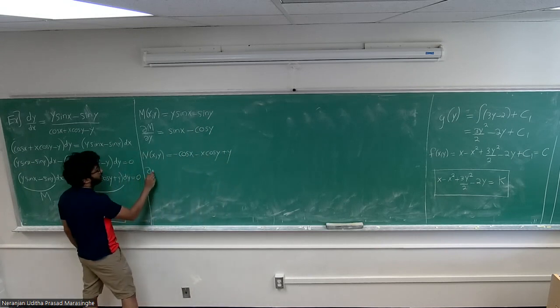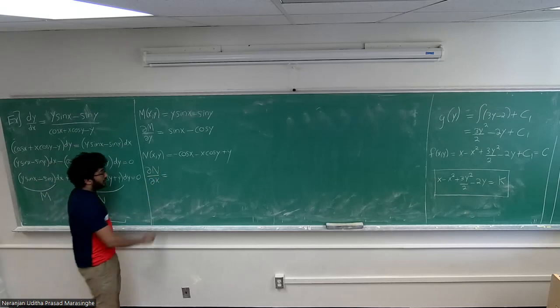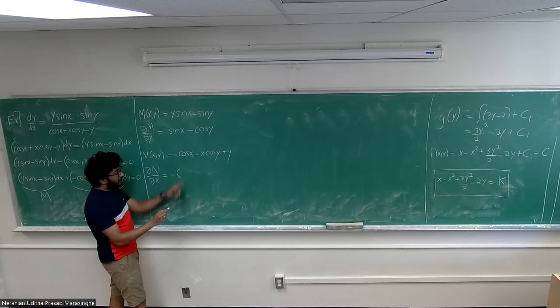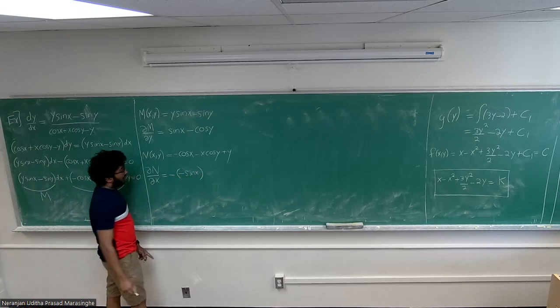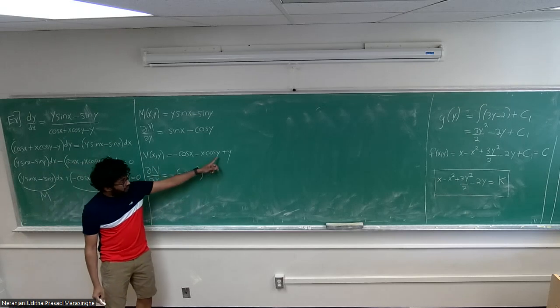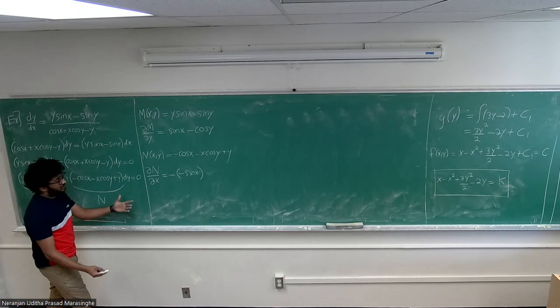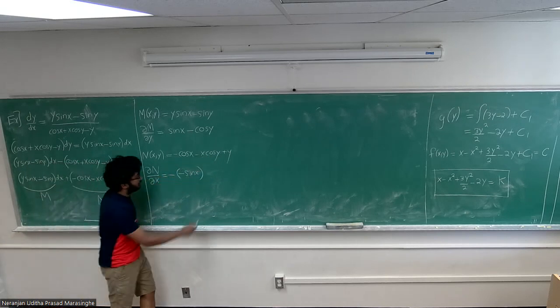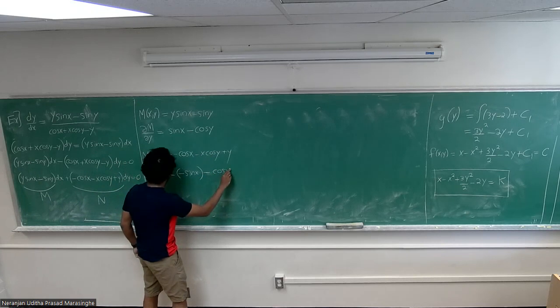Now take the derivative of N with respect to x. What is the derivative of cosine x? It is negative sine x. Now y is going to be a constant, so cosine y is acting as a constant. The derivative of x is 1, so negative cosine y.